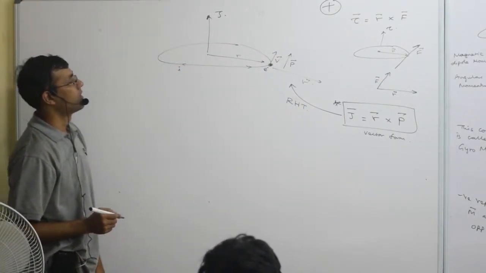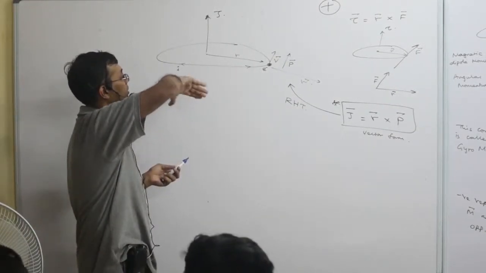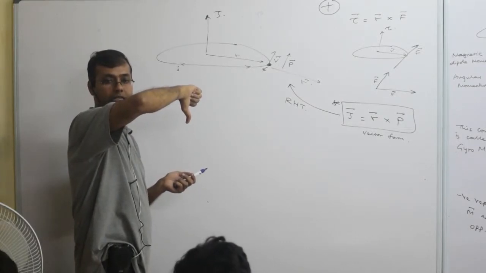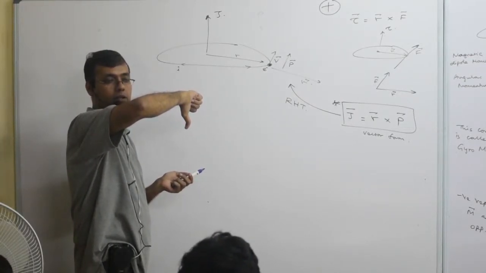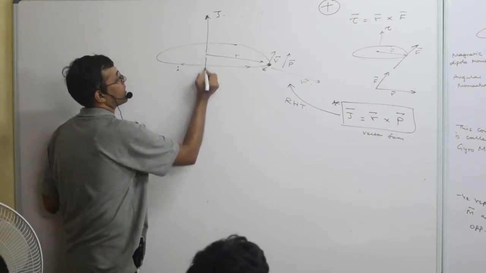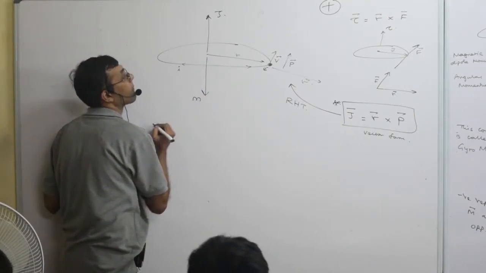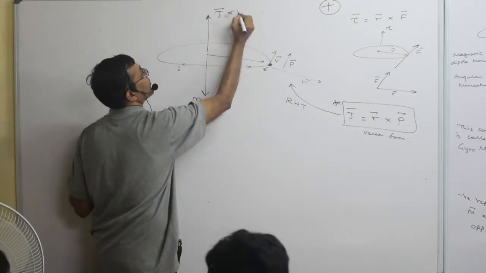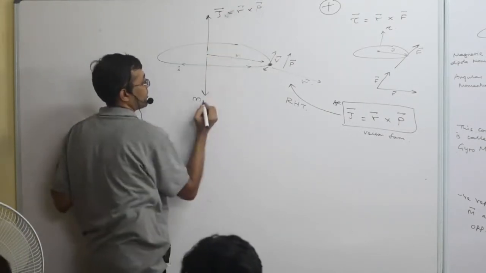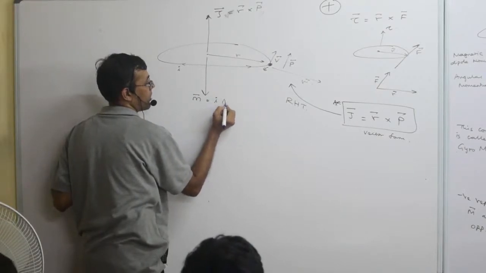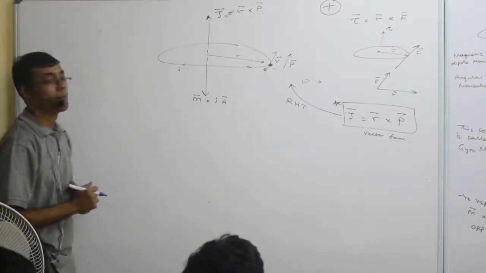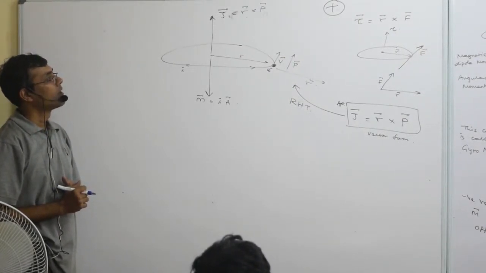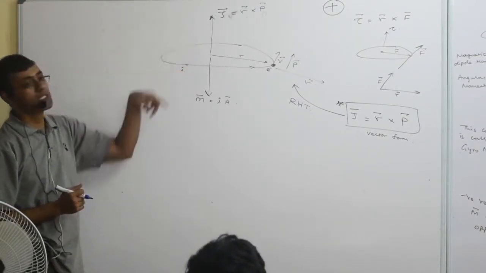But in the case of mu, what did we say? I is going like this, so look at my thumb. That is my mu direction, M-I-A. So the magnetic moment is this way. So J is equal to R cross P, M is equal to I A. What can you say about the direction?